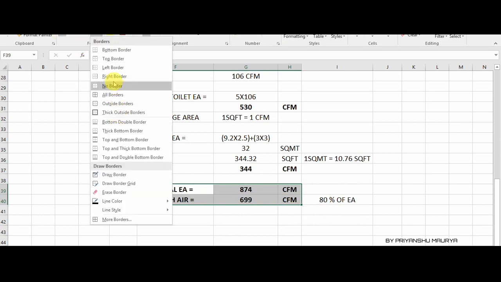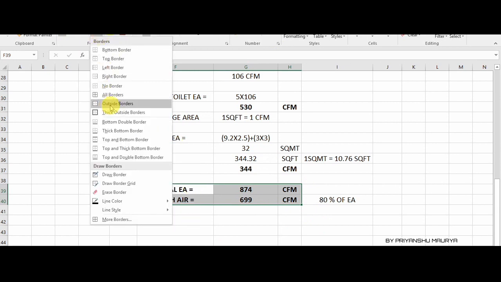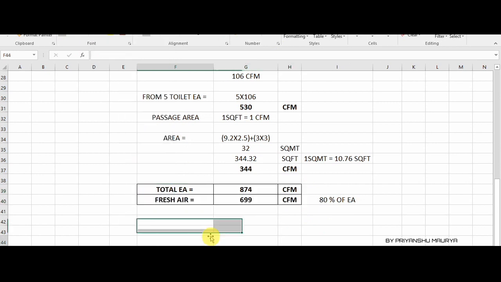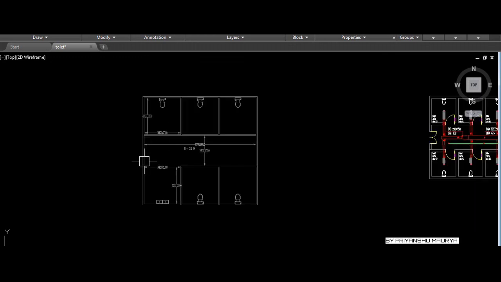So now see, why we are using negative pressure in the toilet: when we are using 100 CFM to remove and we are adding 100 CFM, the pressure is 0, but when we open the door, some smell can go outside.